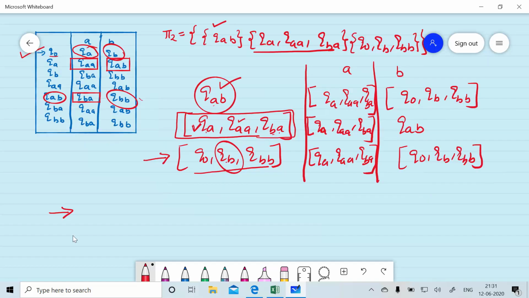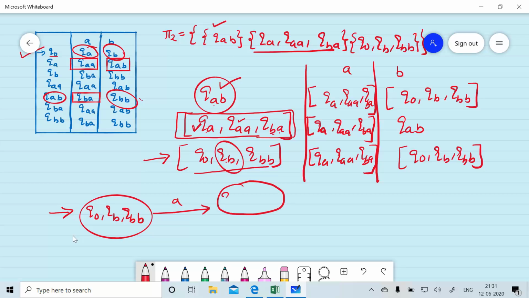Now if we convert this transition table into a transition diagram, Q0, QBB and QB will be the initial state. On reading A, we move to QA, QAA, QBA. On reading B, there is a self loop. On reading A on QA, QAA, QBA, there is a self loop.